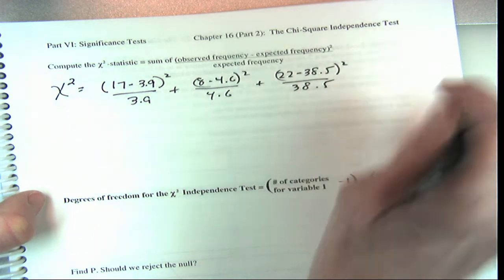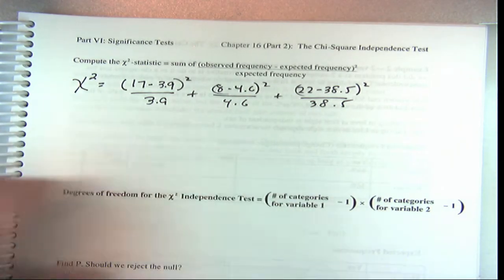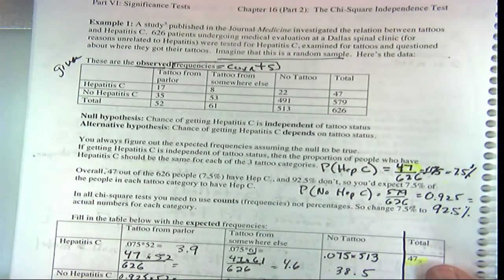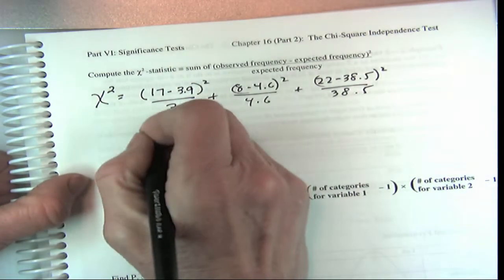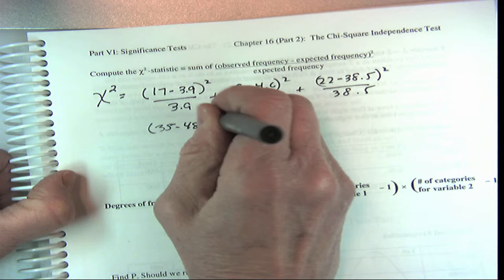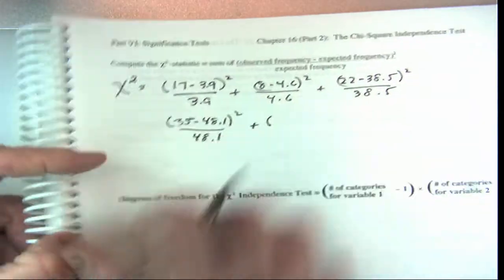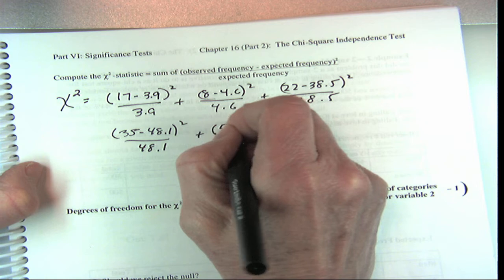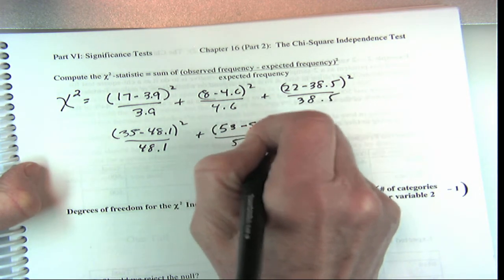So a lot of calculations. I promise you're not going to do this many on the exam. I'll give you most of them, and just have you fill in one or maybe two. All right, the next one is what? 35 minus 40.8 squared over 40.8, plus, oh, I forget what that was, 53 minus 56.4 squared over 56.4.